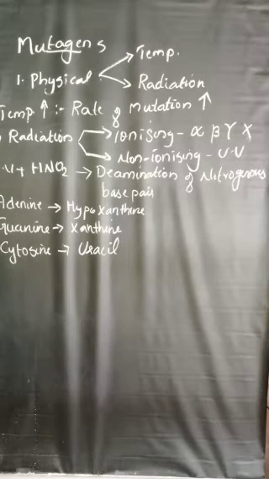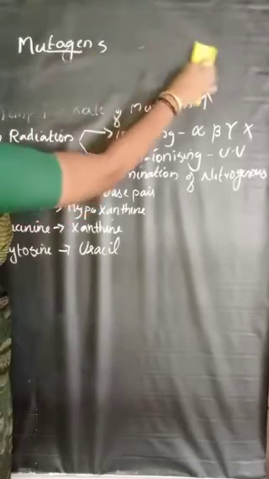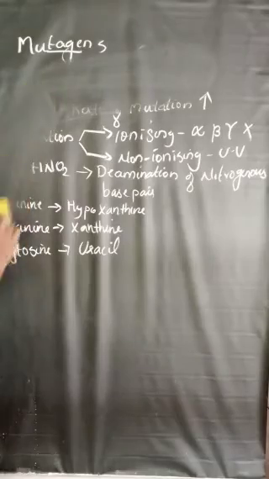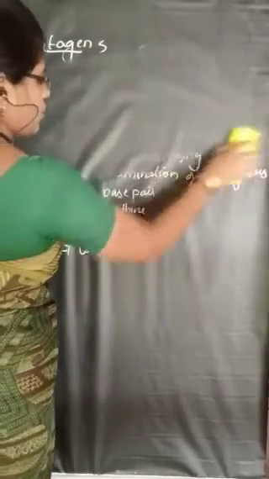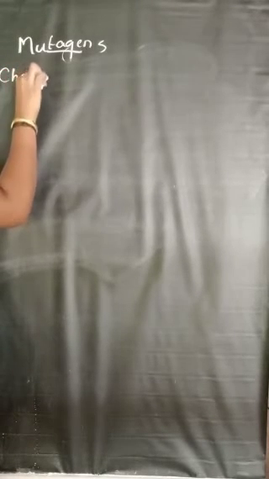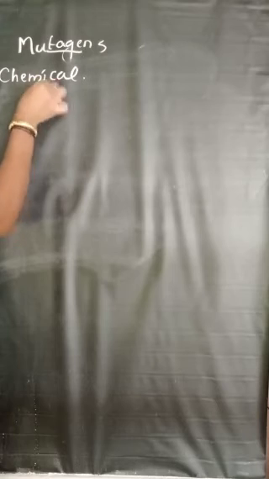Then finally, chemical mutagens. Compared to physical mutagens, chemical mutagens have the ability to cause more harm or more errors in the body. Why? Because the effect of physical mutagens is localized, affecting only a particular location.